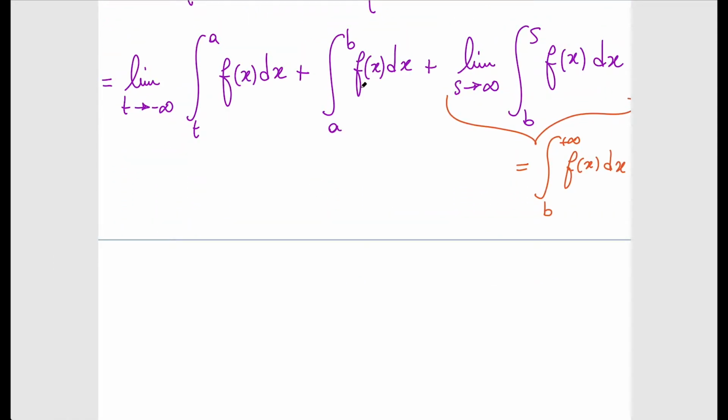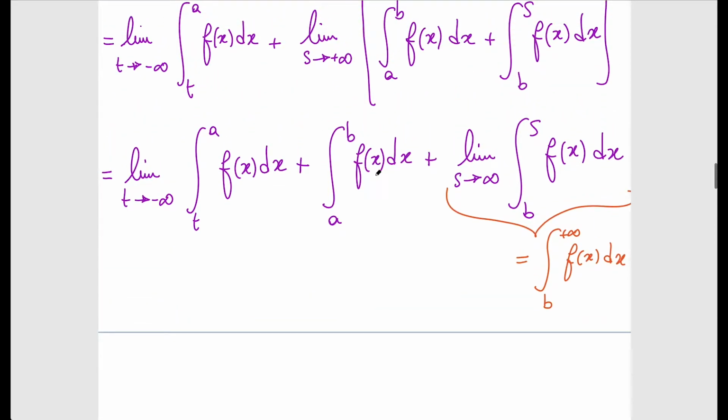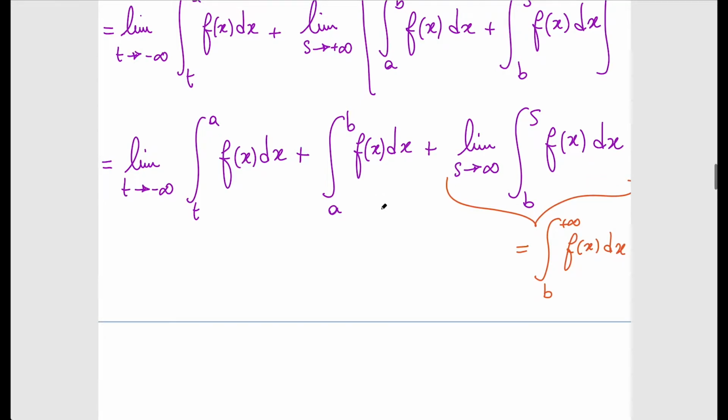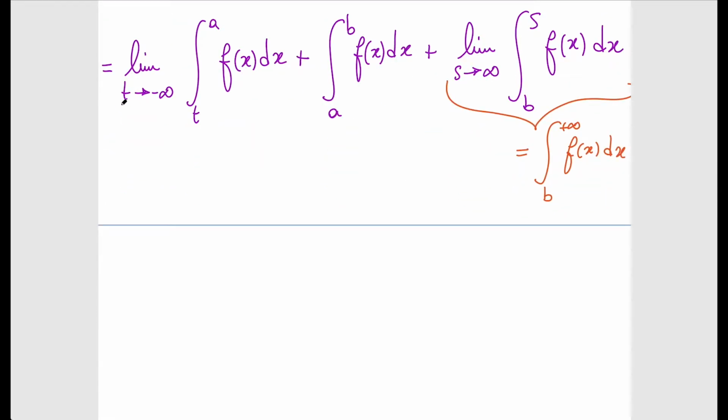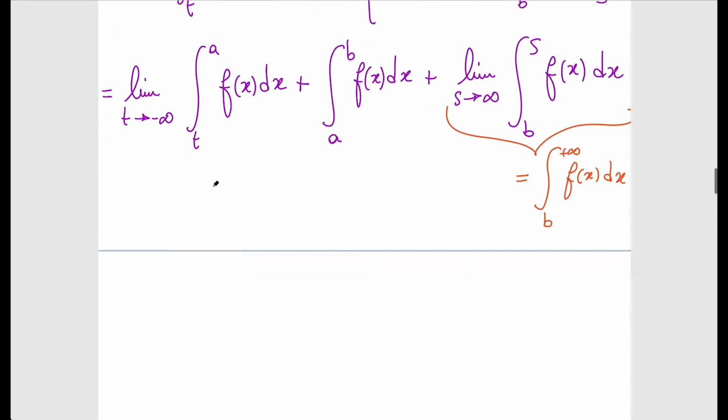Now we're going to play the same game that we did over here to bring that into the limit, because this is a constant with respect to t. This has nothing to do with t. This integral is independent of t. It's a constant. So I can play the same game that I played in the previous stage to transition to this stage, but backwards. I'm going to bring it inside the limit.